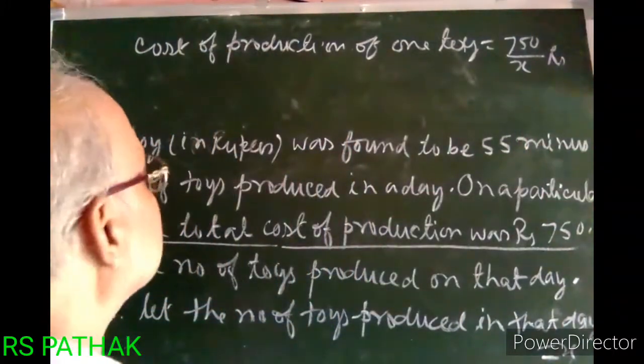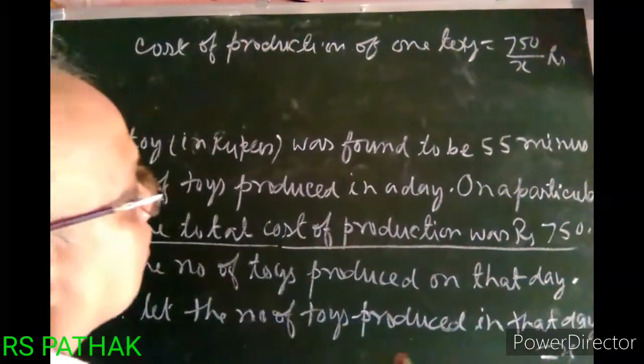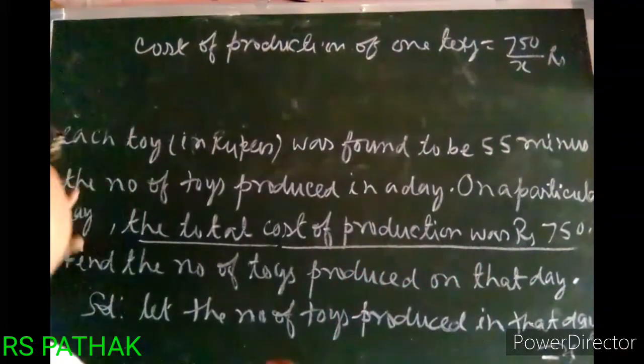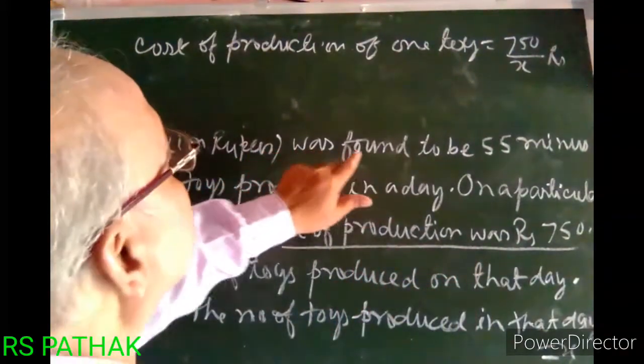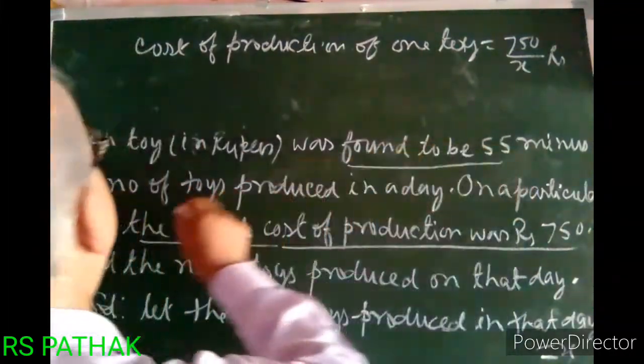In the question it is written that the cost of production of each toy is found to be 55 minus the number of toys.